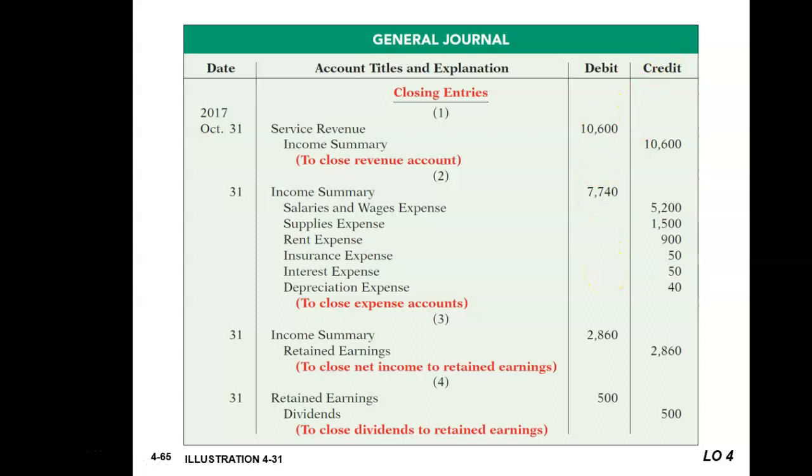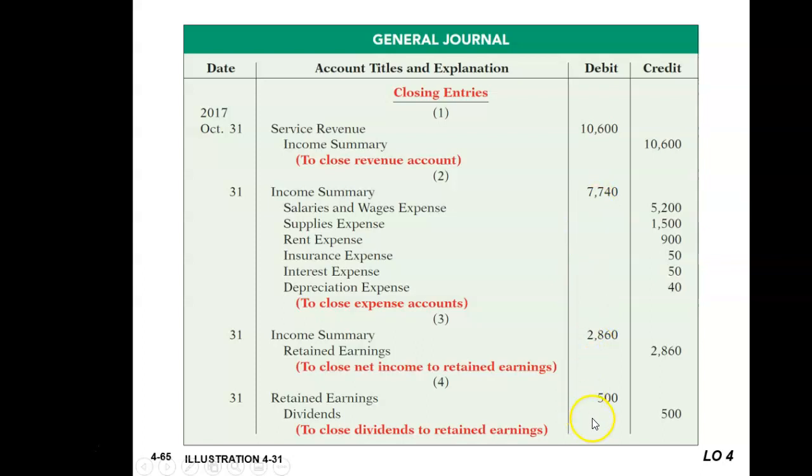Now, the income summary account is also temporary, meaning that it too has to be closed out. Since the account has a credit balance, we're going to debit the income summary account the $2,860, and credit retained earnings. In essence, what have we done? We've just transferred the net income earned for the accounting period over to retained earnings by closing out the revenue accounts, the expense accounts, and the income summary account.